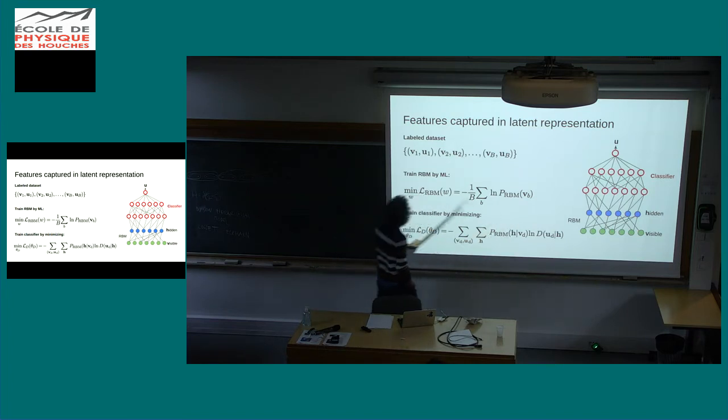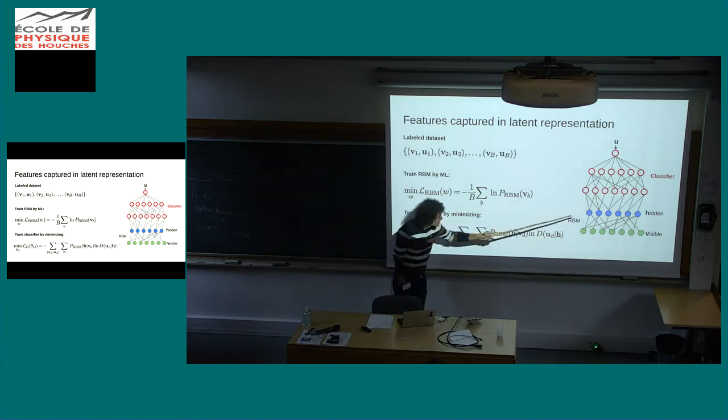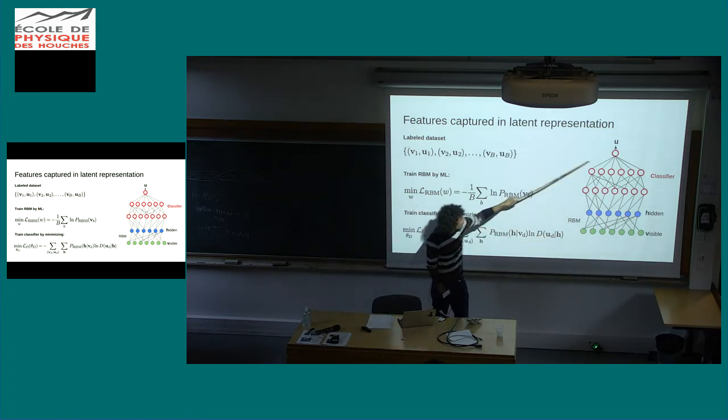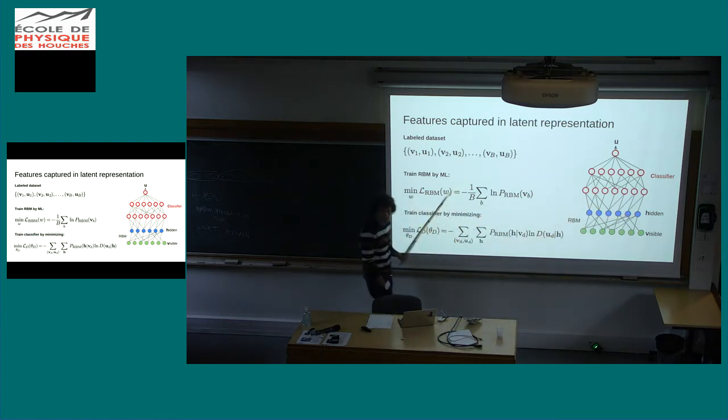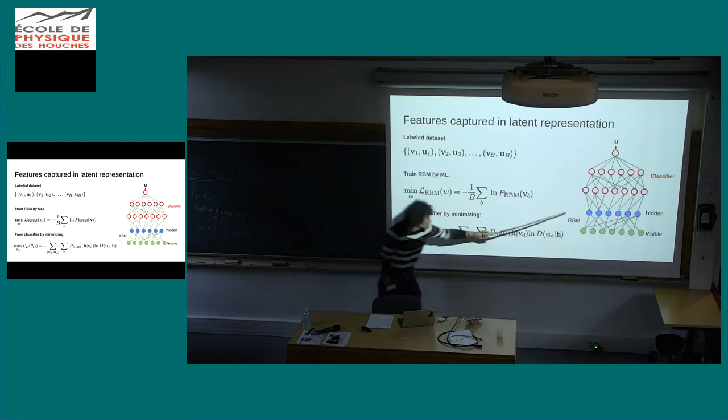So what we do is we train the RBM by maximum likelihood as before. And then we train a classifier on top of the RBM that looks at the hidden layer and tries to predict the label. So if the classifier succeeds or not will tell me whether the latent representation that the RBM learned also learned about this feature or not. Okay?